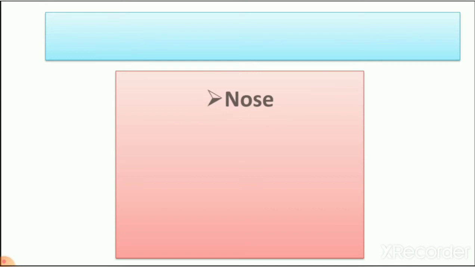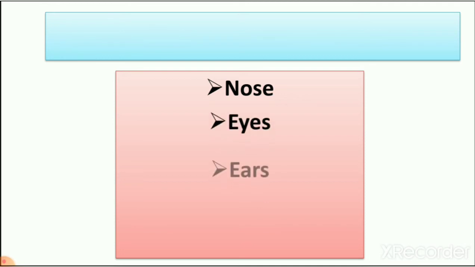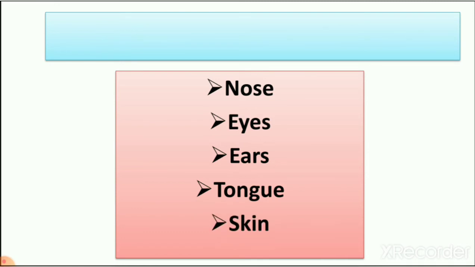Then we learn about 5 different parts of our body: nose, eyes, ears, tongue and skin. Now you tell me, what are these body parts?